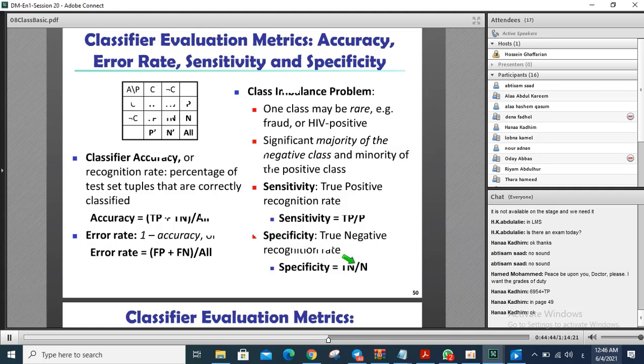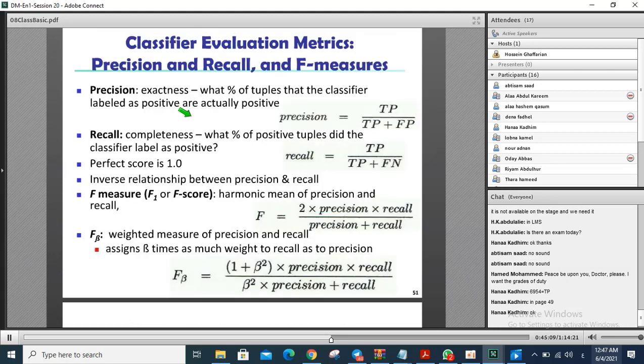Another measure is specificity, which is true negative divided by negative. This is specificity, true negative divided by N. We have more measures too.